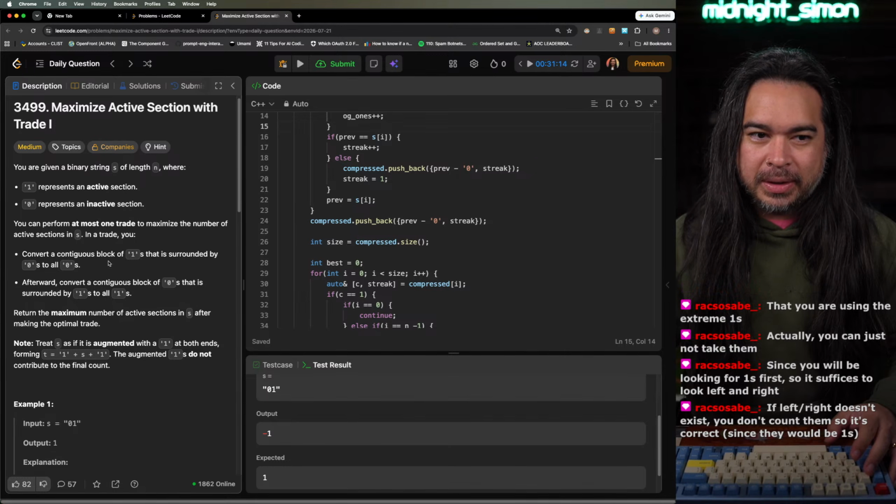I mean, if left, right doesn't exist, you don't count them, so it's correct, since they would be ones. Yeah.